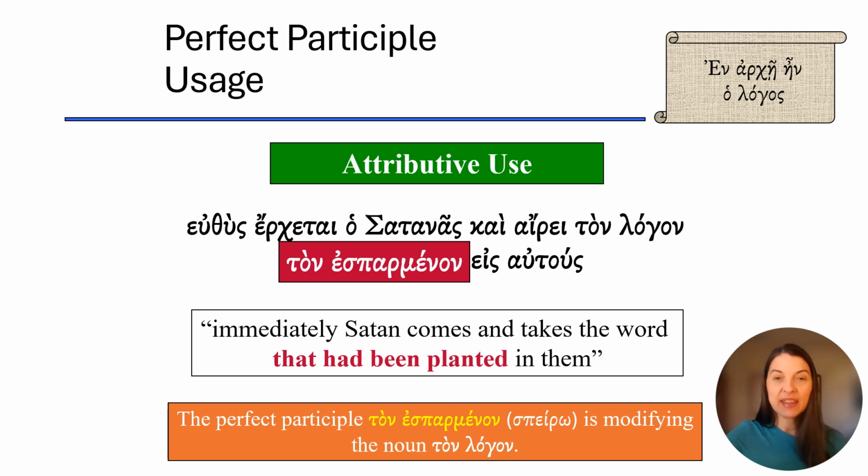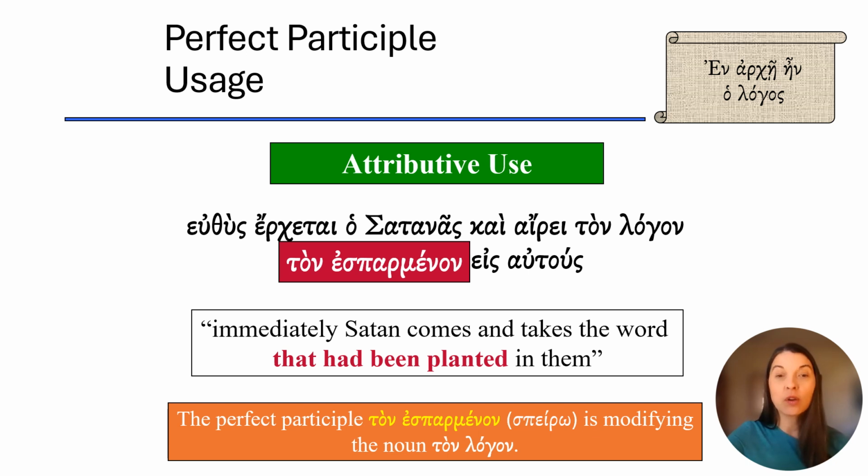So we see immediately Satan comes and takes the word, and we're dealing with the present tense there. However, we shift to a past tense, that had been planted. But this is describing an action, and this participle is acting as a noun.